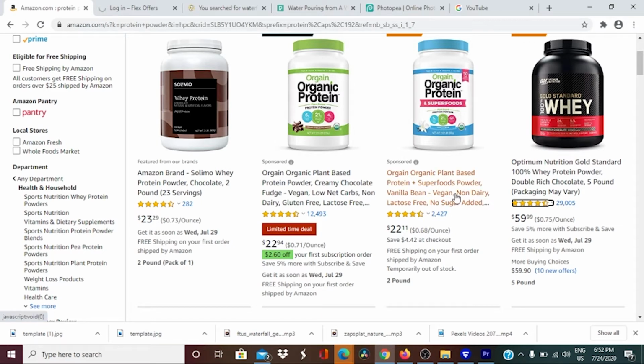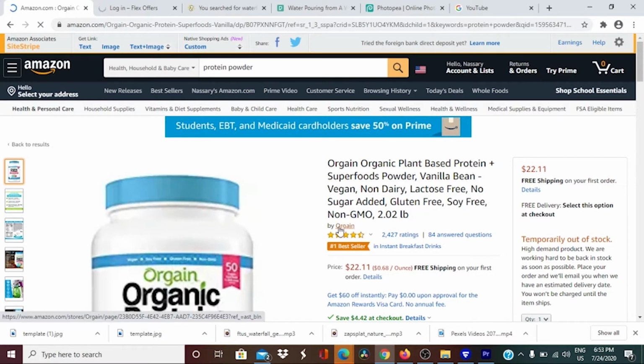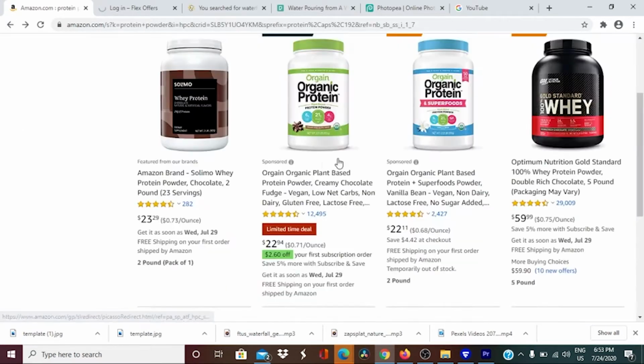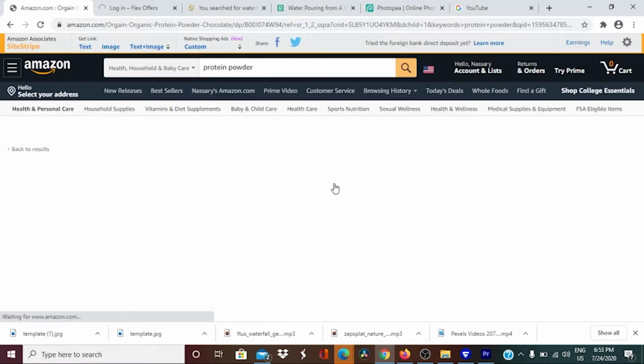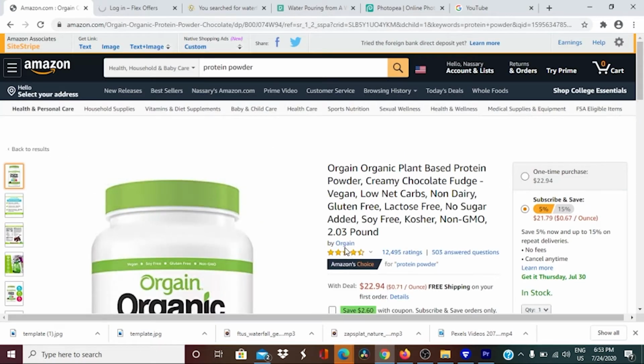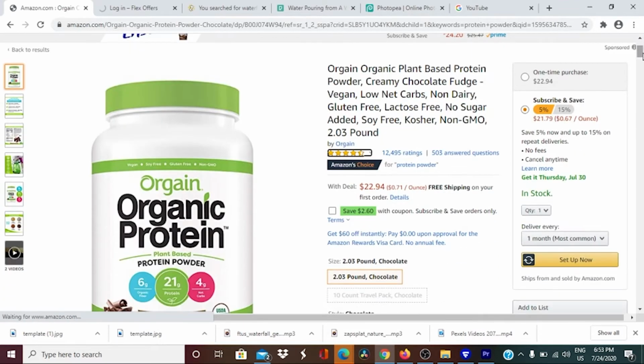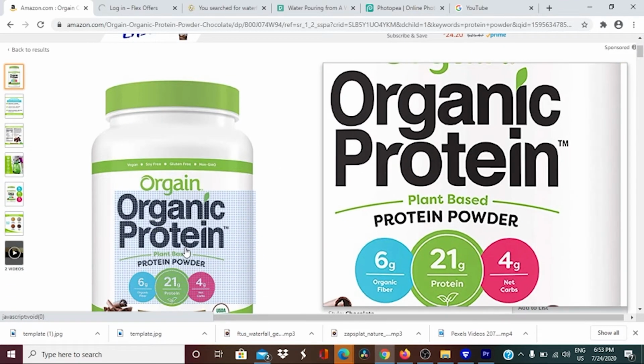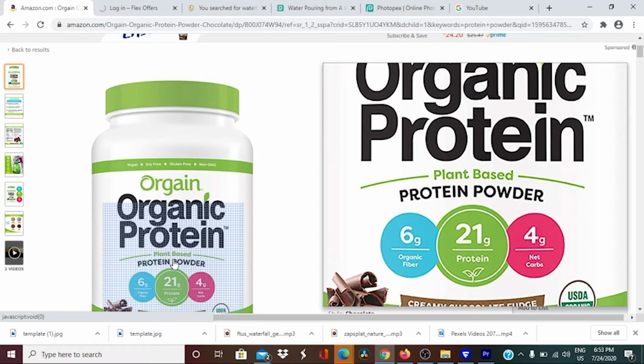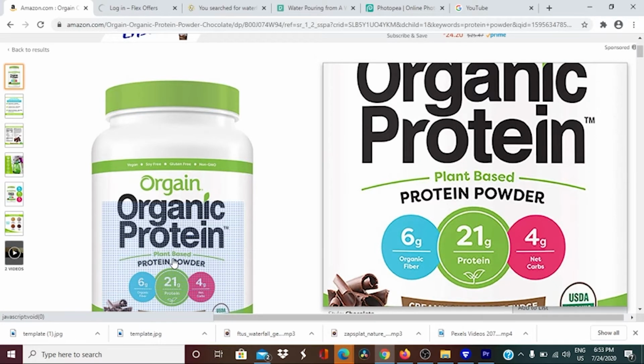You can always know the seller if you go to the product. Again, this is the seller, and if we go to this one, the seller is actually the same seller. I guess it's a little bit different. Plant-based protein powder, 6 grams of organic fiber, 21 grams of protein, 4 grams of net carbs.